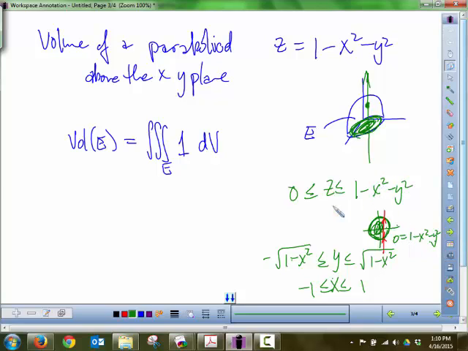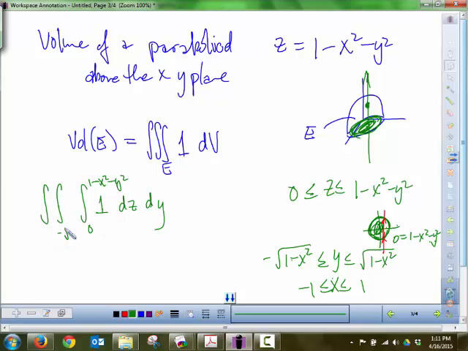So we can see that this integral is going to look like this complicated looking thing. My integrand is 1. I'm going to integrate with respect to z first from 0 to 1 minus x squared minus y squared. And then I'll integrate with respect to y from negative square root of 1 minus x squared to positive square root of 1 minus x squared.